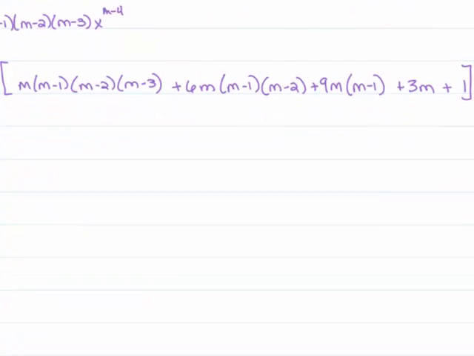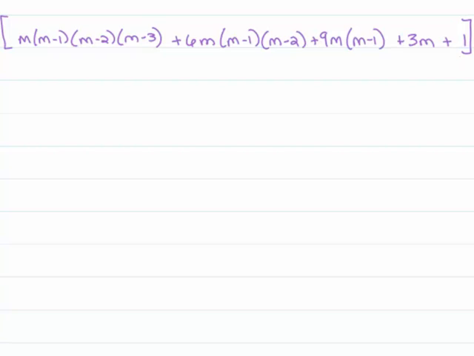So what I'm going to do is scroll this up a little bit. I'm going to ignore the x to the m because that does not turn this product into 0. It's all the stuff inside.